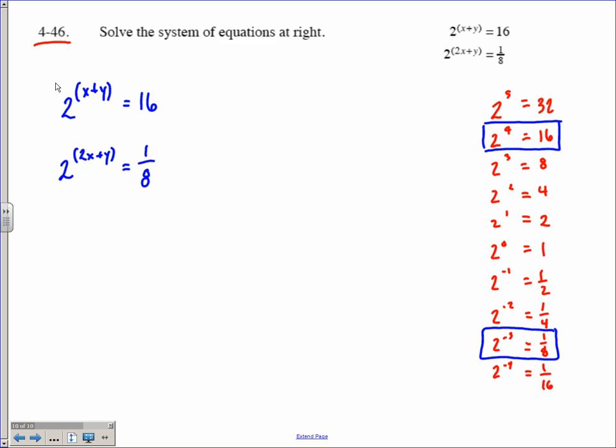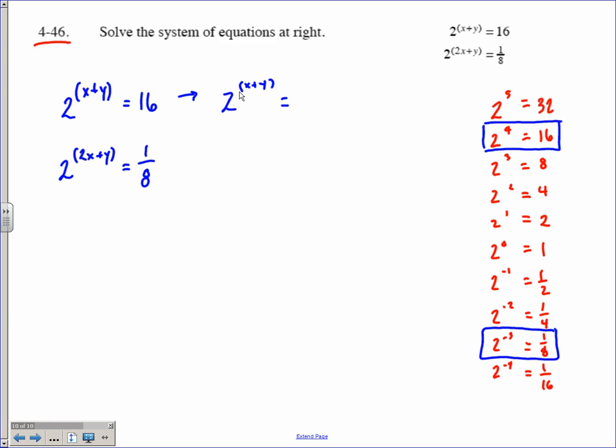As we look at our system, I have 2 to the power of x plus y equals 16. If I know that 16 is really the same thing as 2 to the fourth, I can rewrite this so that it has 2 expressions with the same base.